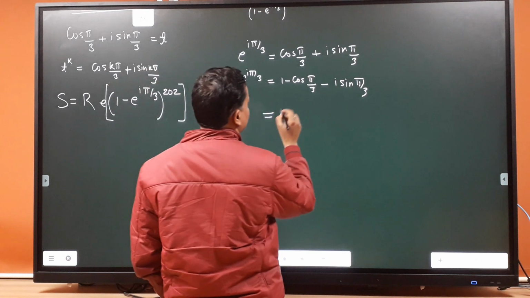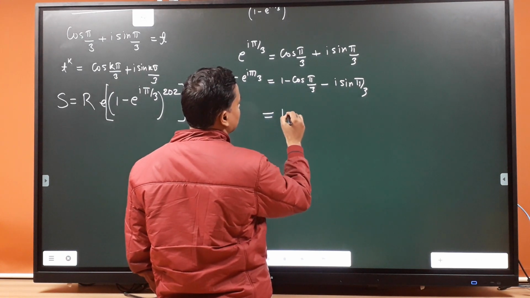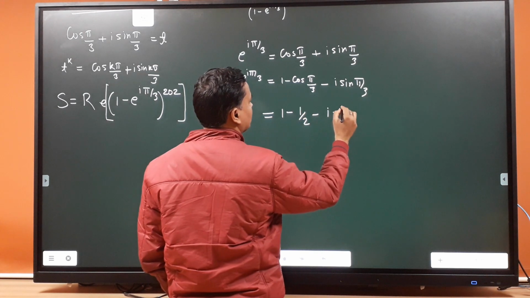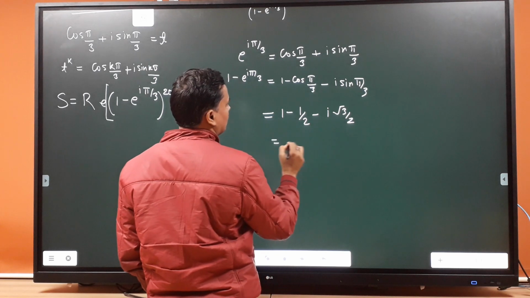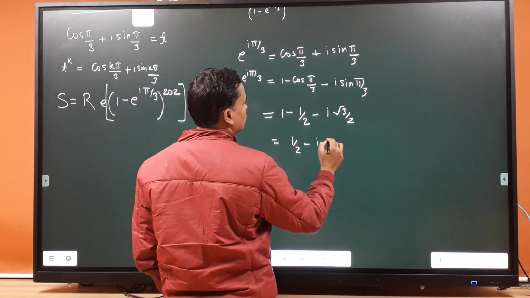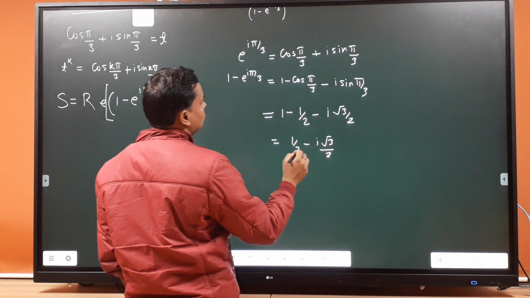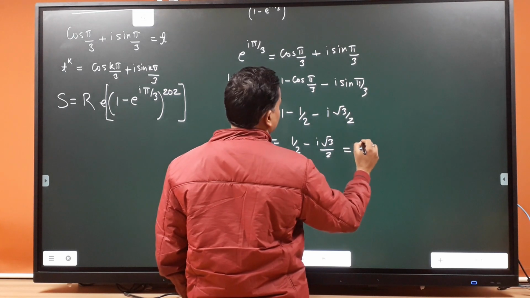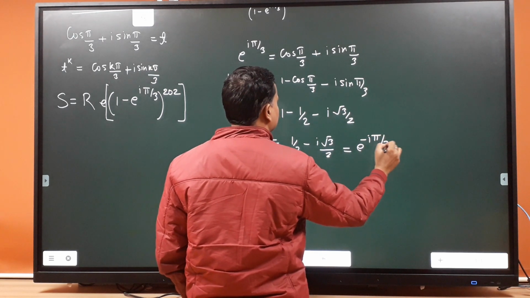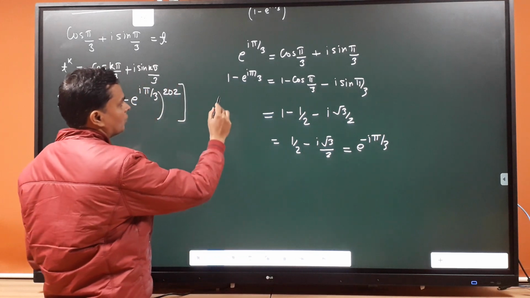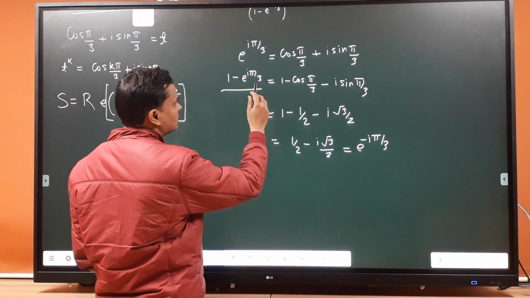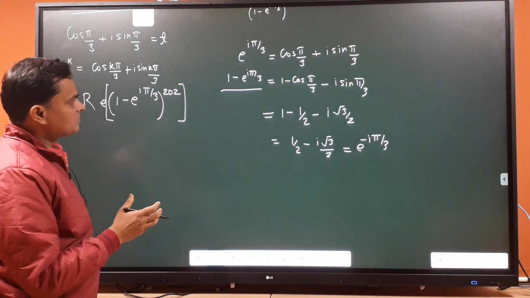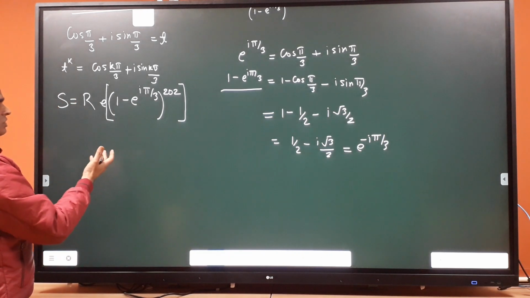If I take out the values, 1 minus cos pi by 3, that means cos 60, gives half, and sin pi by 3 gives root 3 by 2. So this is equal to half minus i root 3 by 2, which is the conjugate of this particular thing, that means this is equal to e to the power minus i pi by 3. So 1 minus e raised to the power i pi by 3 is equivalent to e raised to the power minus i pi by 3, and once this has been done, the simplification is quite easy.